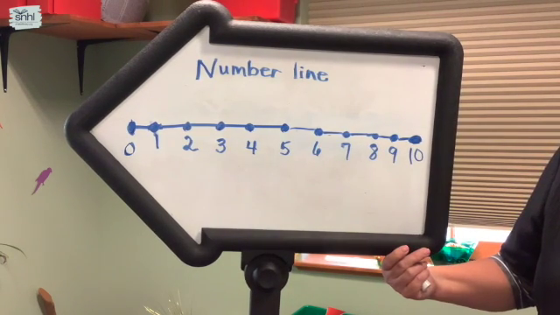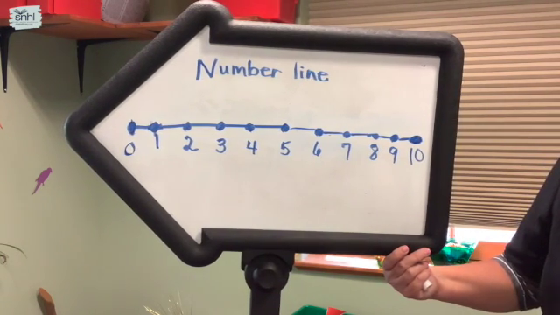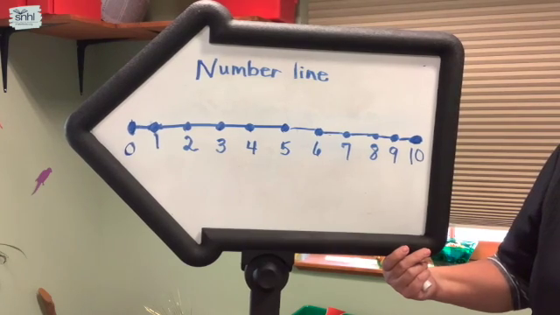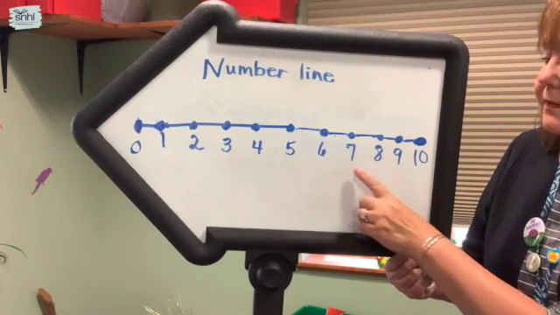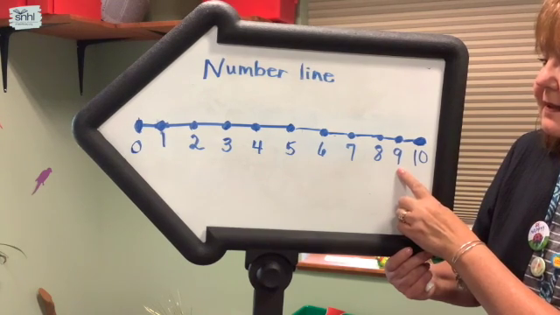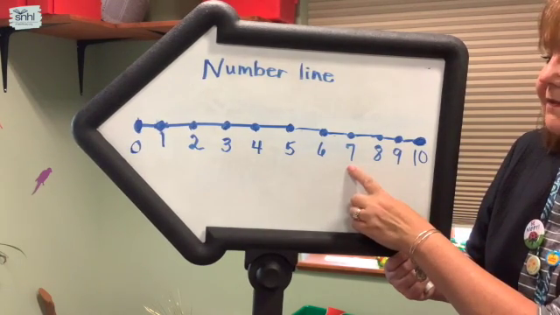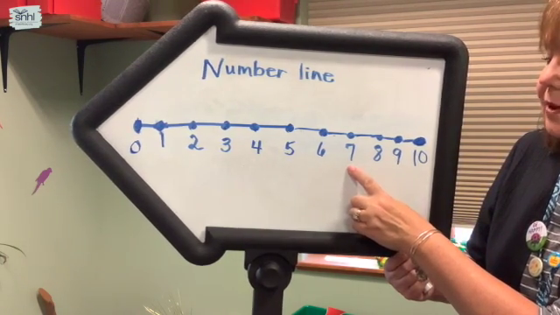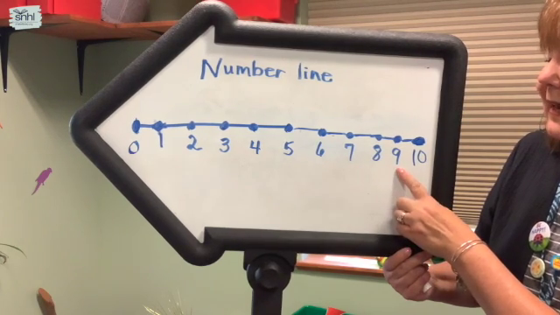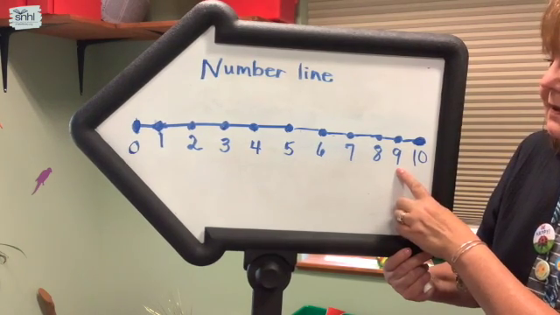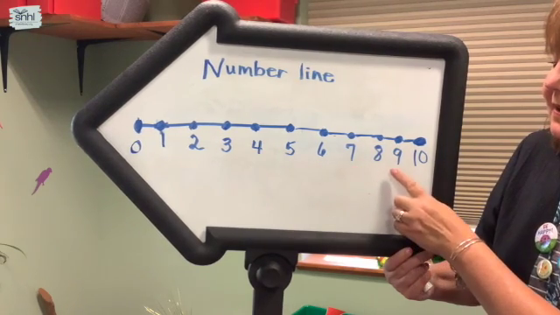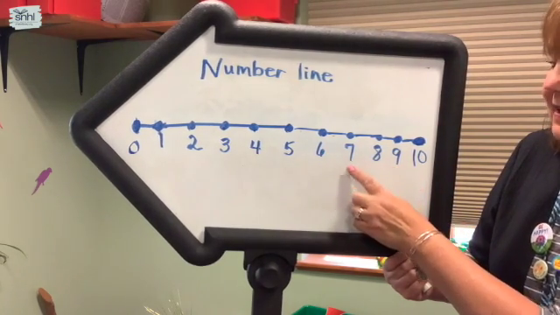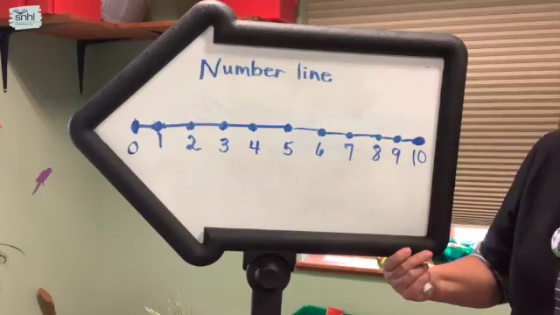What number comes between the number 7 and the number 9? Find the number 7 on the number line. Find the number 9 on the number line. The number 8 is what comes between the 7 and the 9. 7, 8, 9. There we go.